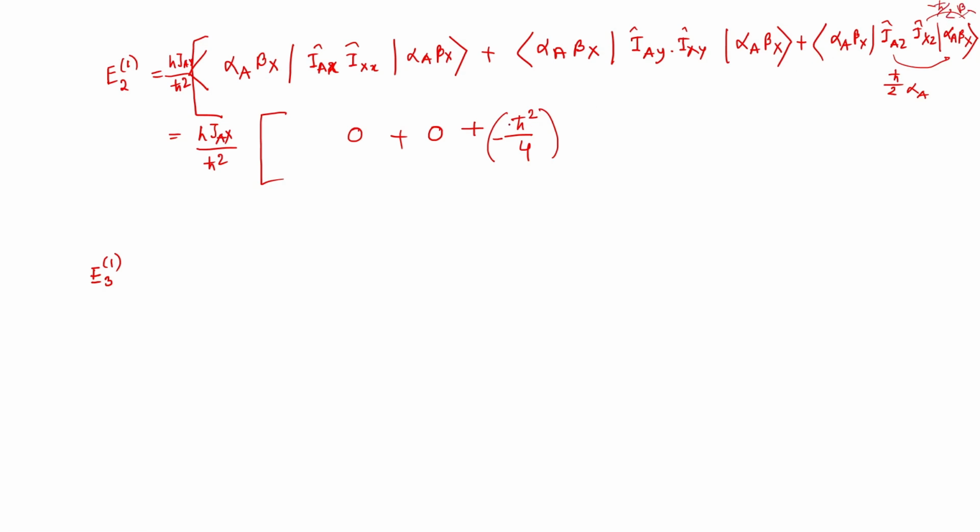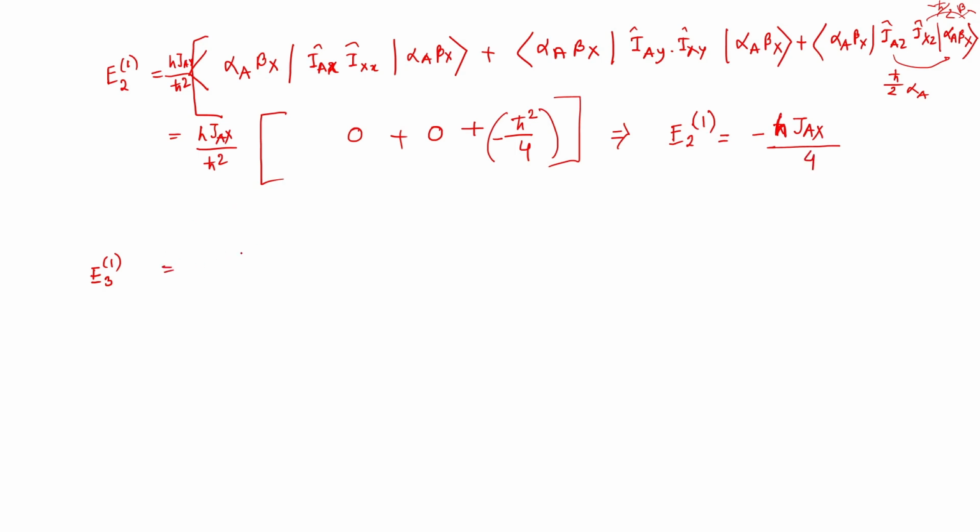So the h cut is plus and minus, it will give me like this, and eventually I am going to get that E21 is minus h, no, actually minus h jx by 4.